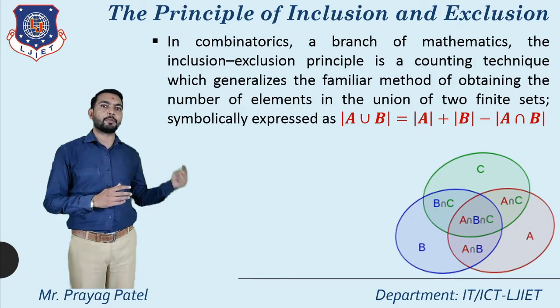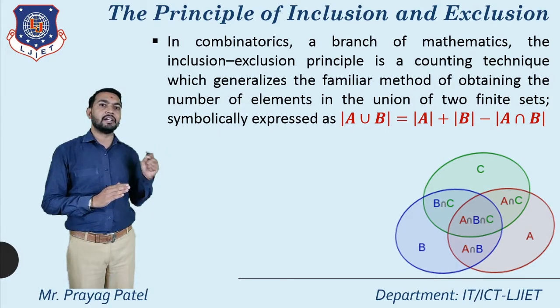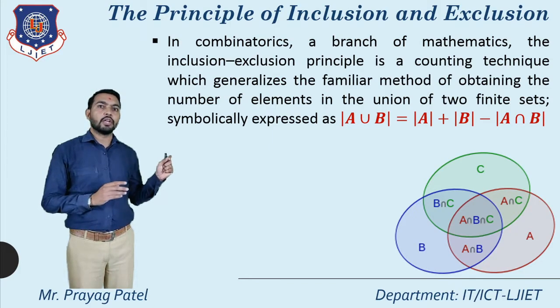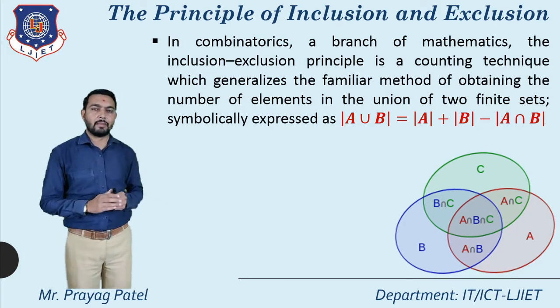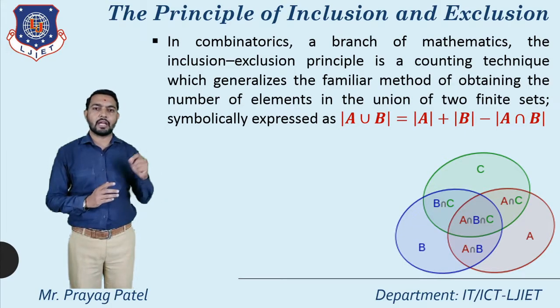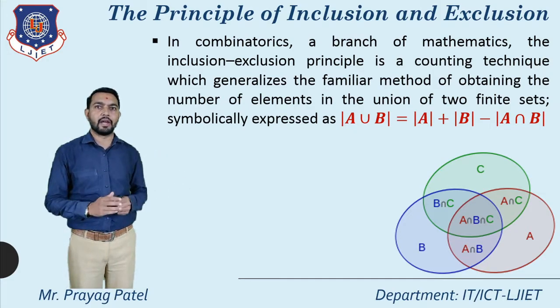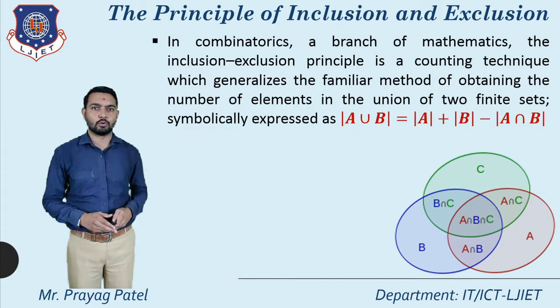That's why we subtract A intersection B from the sum: |A| + |B| − |A ∩ B|, the number of elements in both. This is called the general form of inclusion and exclusion.